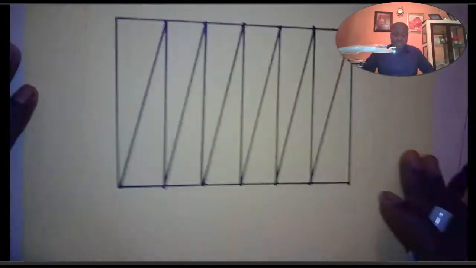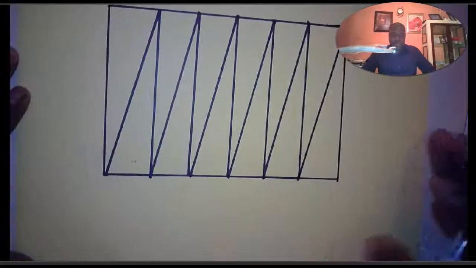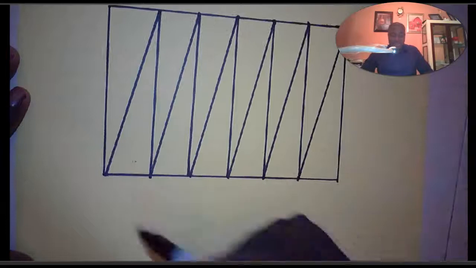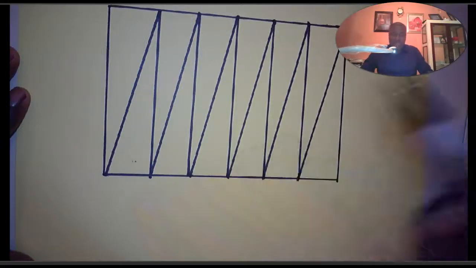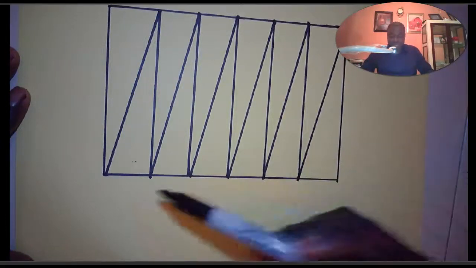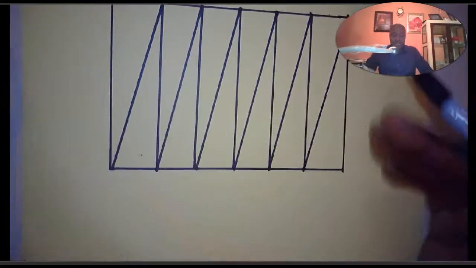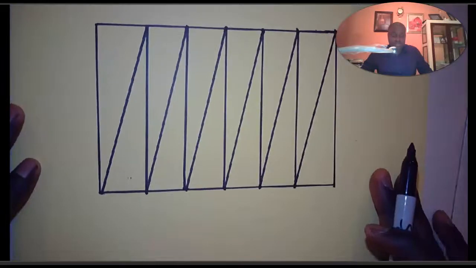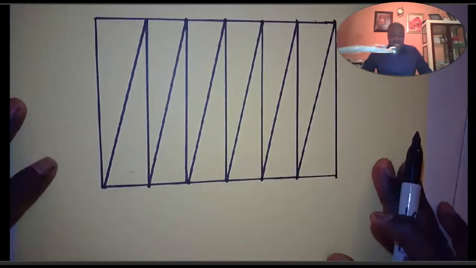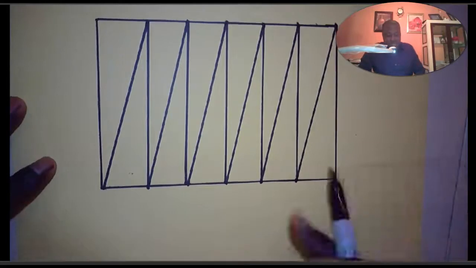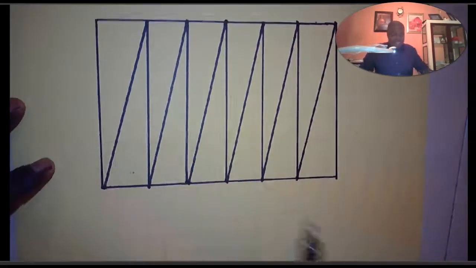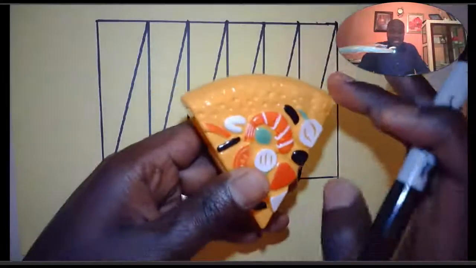So I have drawn a picture here which represents the slice. Now I have cut the slice into smaller pieces and put them together, and I realize that the shape is getting closer and closer to a rectangle. And now, as we already said, our side here was half of the pizza, but that side was the circumference.